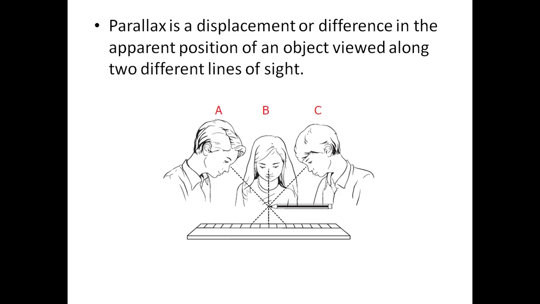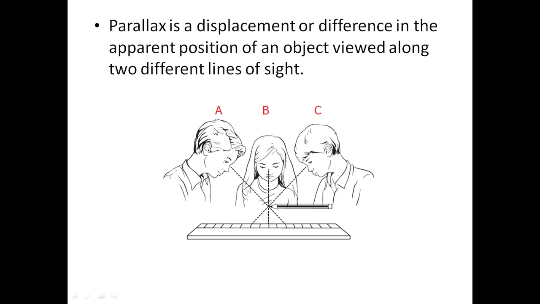See the positions of A, B and C. Which one is correct? Parallax is a displacement or difference in the apparent position of an object viewed along two different lines of sight. Actually B is correct. She is looking vertically straight at the scale, and the person who is looking from C will have a different measurement.